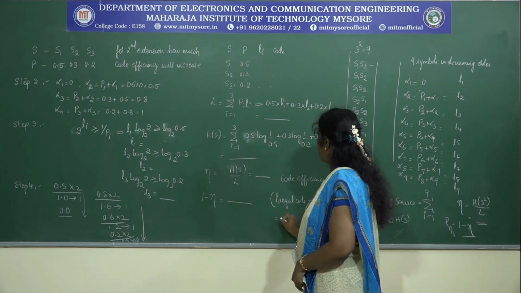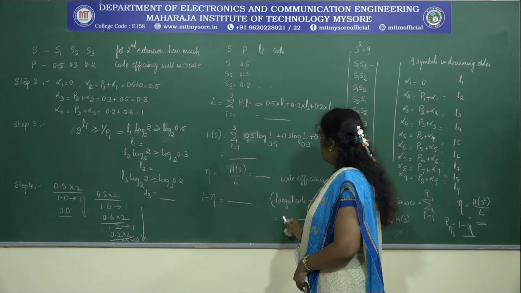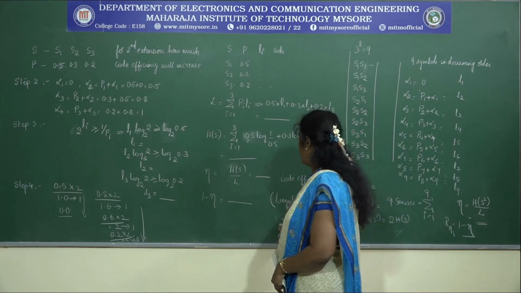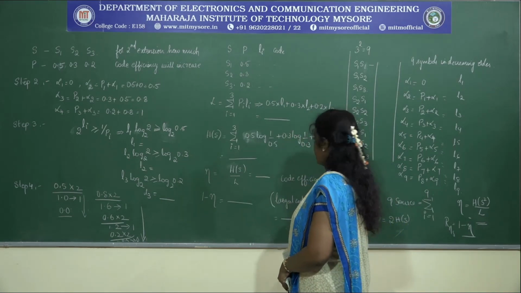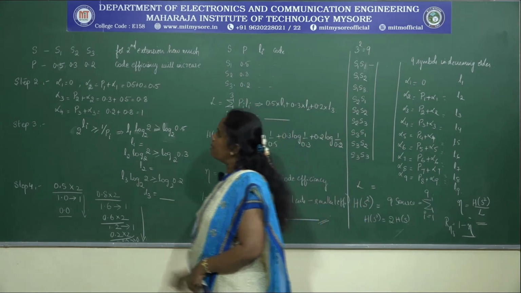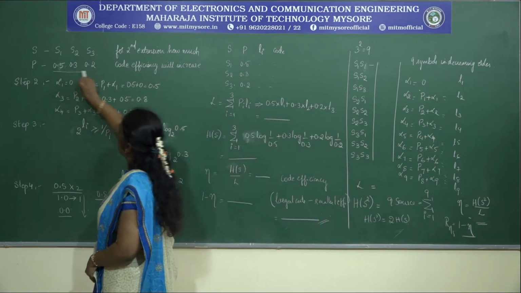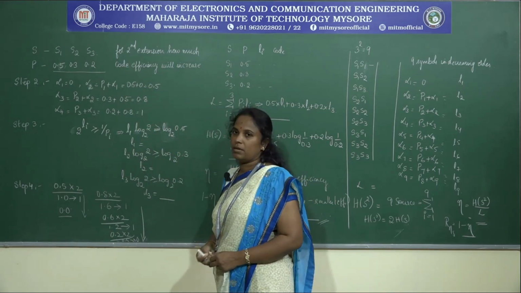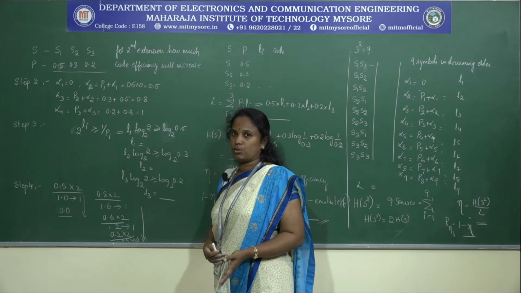If you calculate this, you will get some value. This tells you how much the code efficiency has increased with respect to the second extension. So this is about the extension problem, where here we have given the extension only for 3 source symbols. It can be for 2 symbols, 3, or it can be more than 3 source symbols.